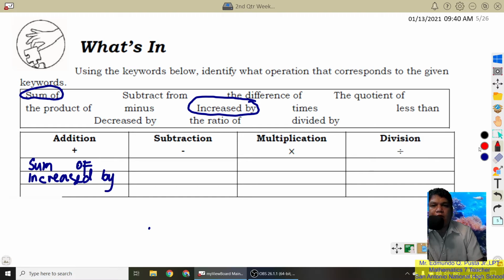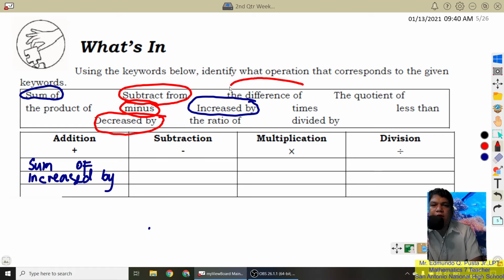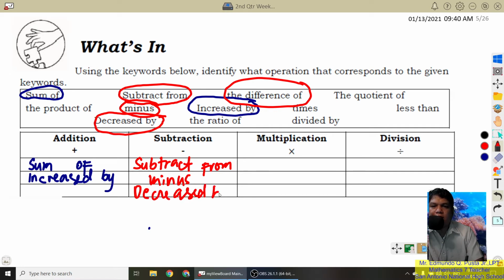Another one, we have subtraction. So for subtraction: subtracted from, minus, decreased by, and then we have the difference of. So, sulat natin, kapag nakakita tayo ng words na subtract from, minus, decreased by, we're talking about what?